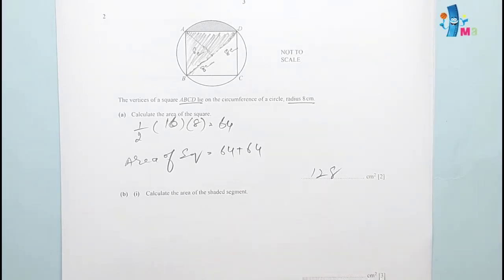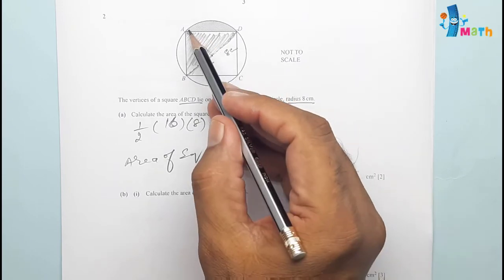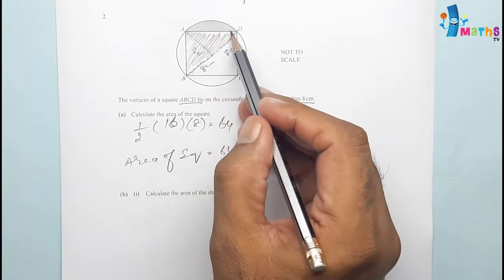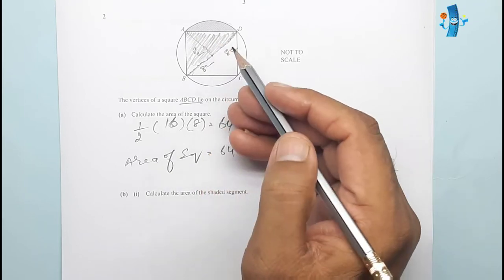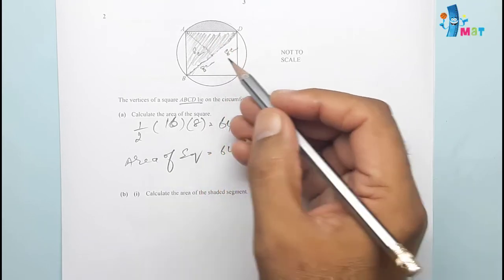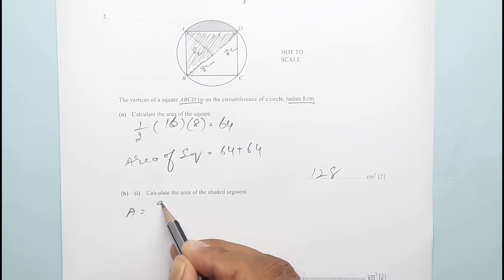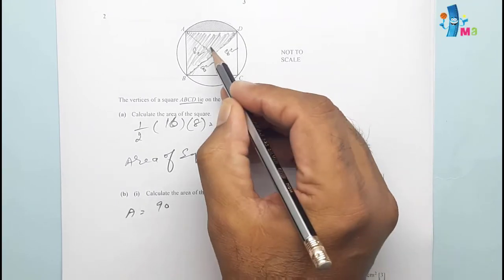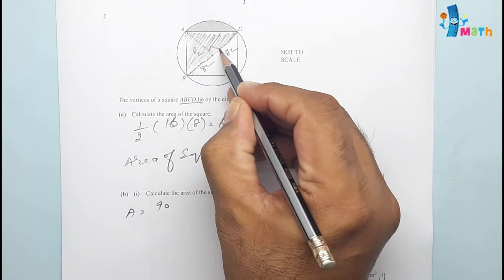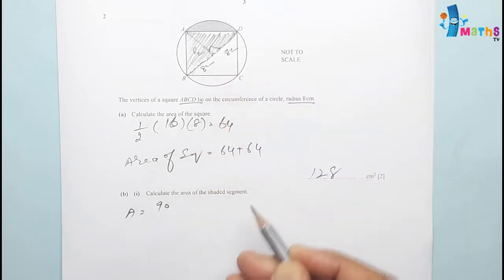Calculate the area of the shaded segment. This is basically the shaded segment for which we have to calculate the area. This is a 90 degree angle, because this angle will be 90 degrees.